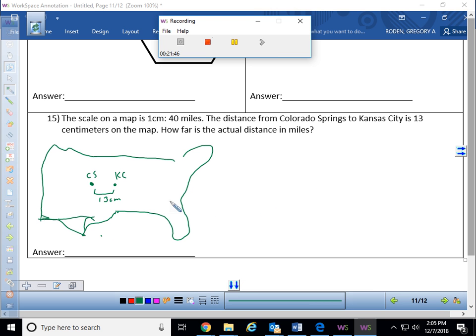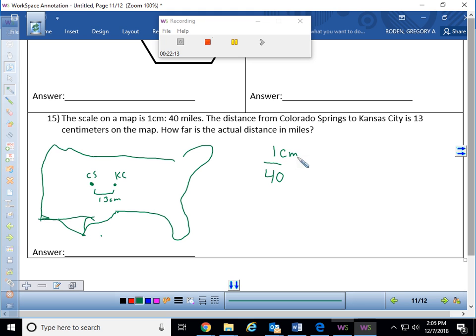All right, for the last problem, this is my drawing of the United States, and I think it looks very good and accurate, so don't laugh at it, please. All right, so here's the deal. It tells us that the map has a scale of 1 centimeter to 40 miles. And the distance from Colorado Springs to Kansas City is 13 centimeters.